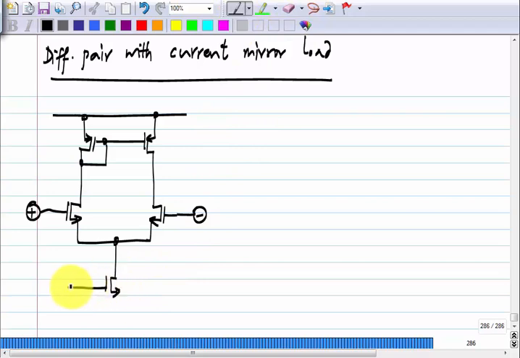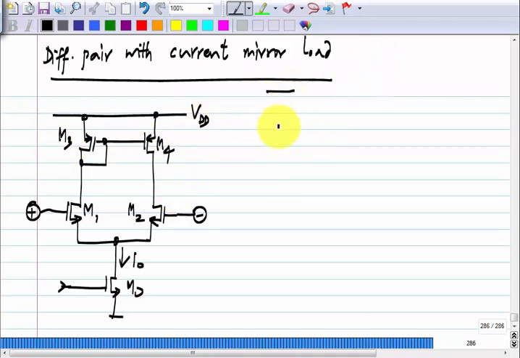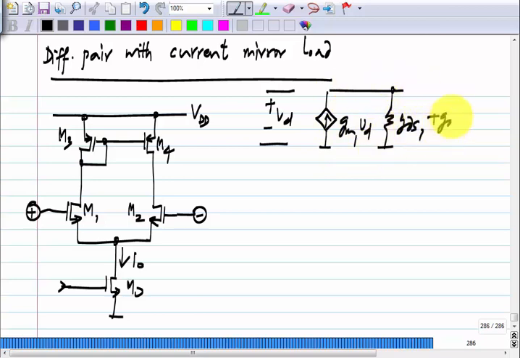I will assume that the gate of this is connected to some current mirror arrangement such that the tail current is I naught. A small signal model for differential signals is a transconductance of GM1 and an output conductance of GDS1 plus GDS3. Each of these is calculated at a quiescent current of I naught by 2.